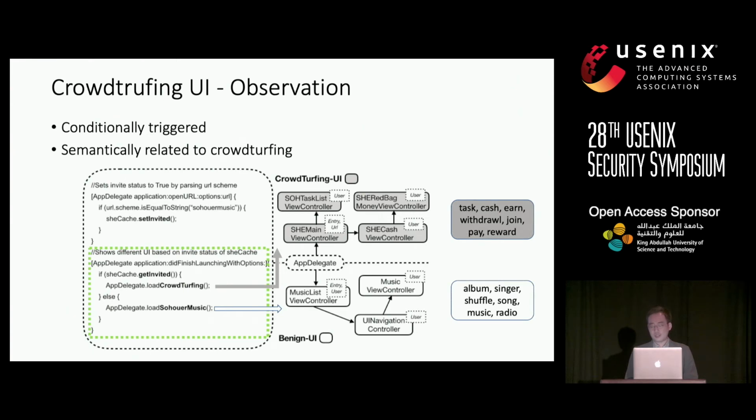And as you can see, the first set of keywords extracted from the crowdturfing UI is obviously related to crowdturfing: task, cash, earn, withdrawal, join, pay, reward. The second set of keywords, album, singer, shuffle, song, music, radio, is obviously related to a music player. More details about the labeled view controller graph can be found in our paper.